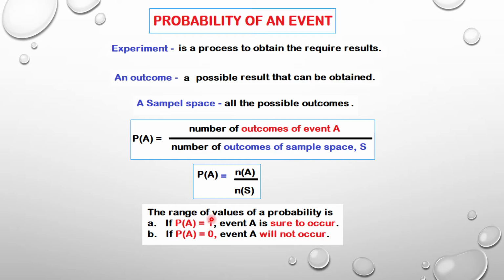The range of the values of a probability lies between 0 and 1. So remember, the range of the values of a probability lies between 0 and 1. If P(A) equals 1, then event A is sure to occur. If P(A) equals 0, that means probability of an event A equals 0, then event A will not occur.